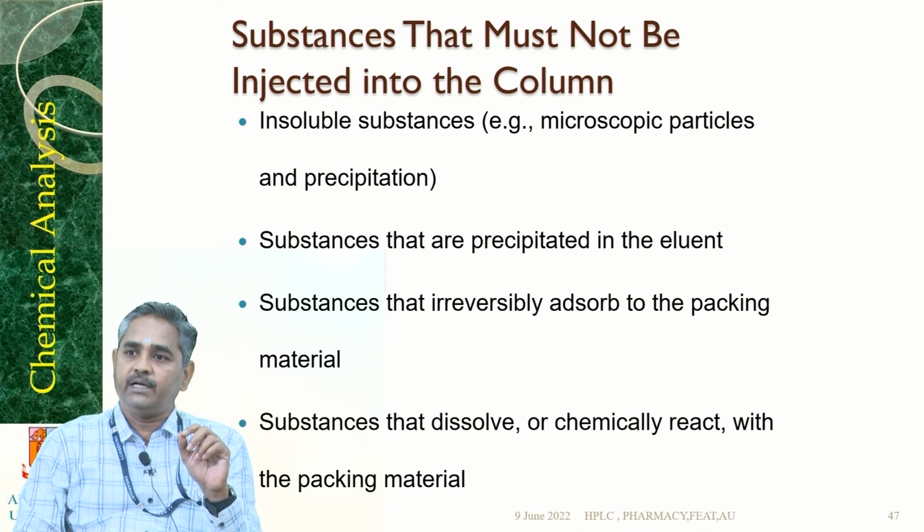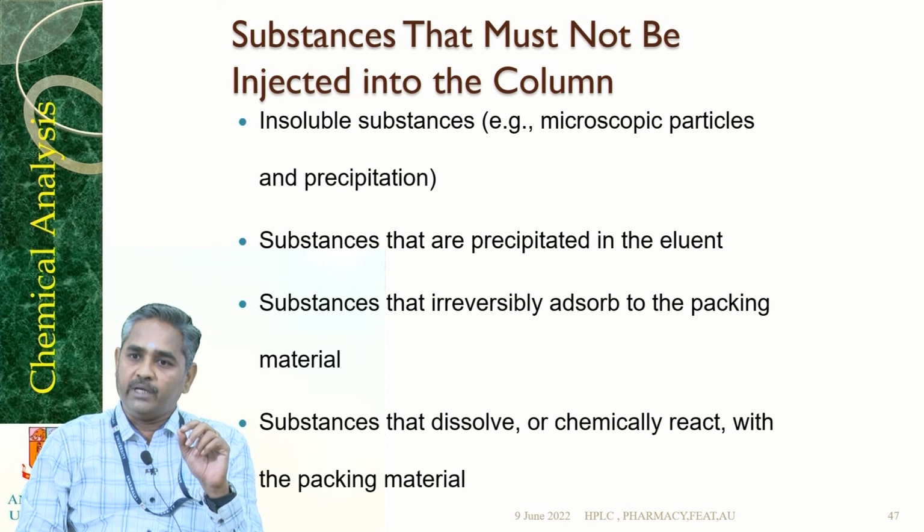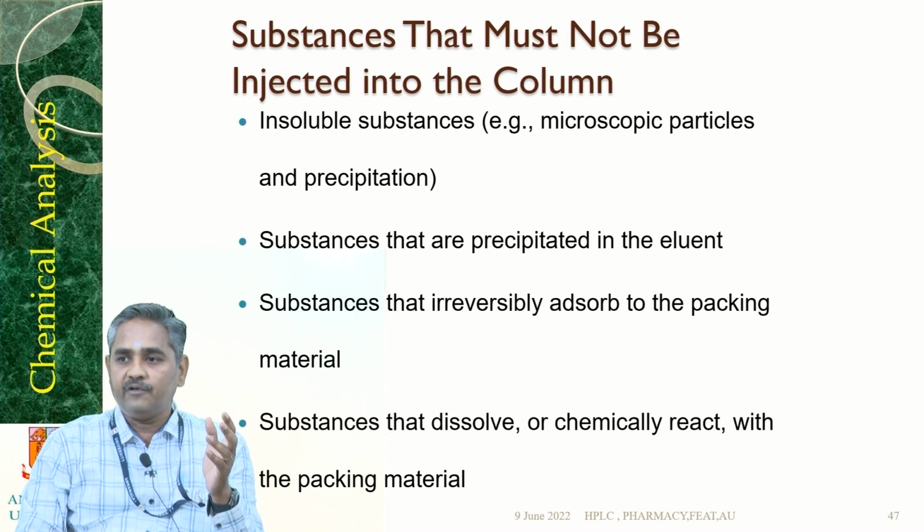Substances that are precipitated in the eluent, that is what I am telling. Eluent means the mobile phase. If the substance you are dissolving is getting precipitated and is not completely dissolving, you cannot inject it into the column, because it damages the column and the life of the column will be reduced.